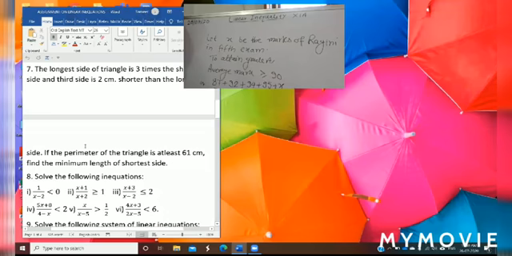If the perimeter of the triangle is at least 61 centimeters, find the minimum length of the shortest side. This is your question. Note it.